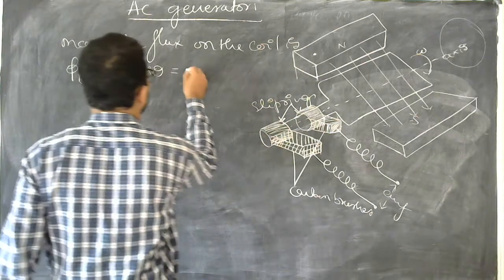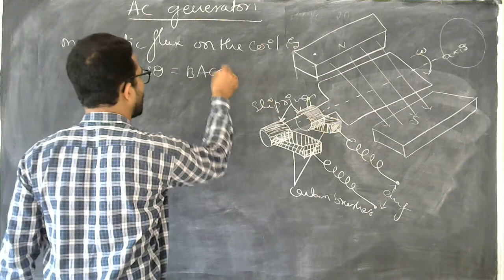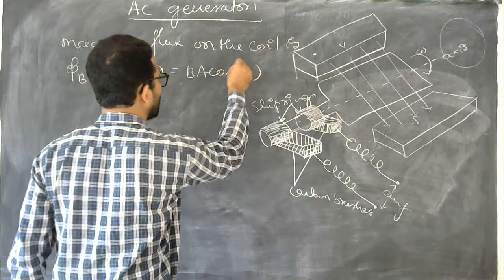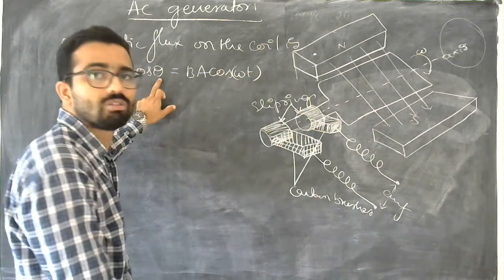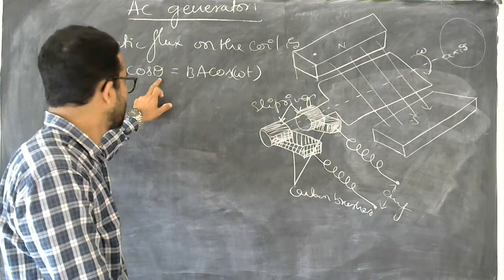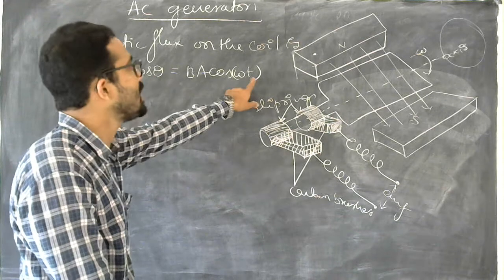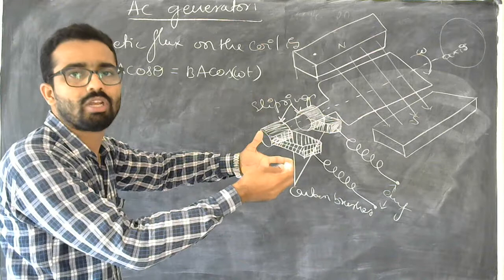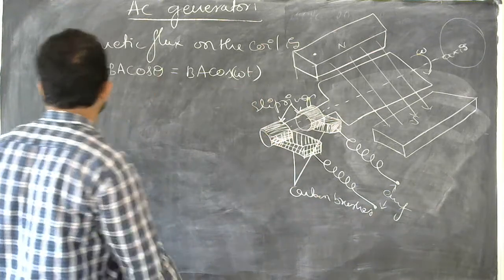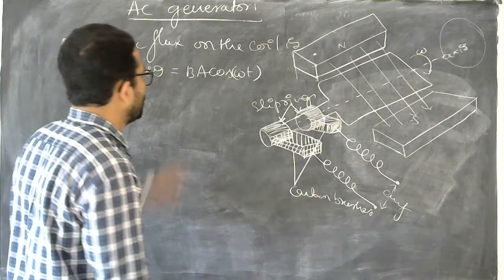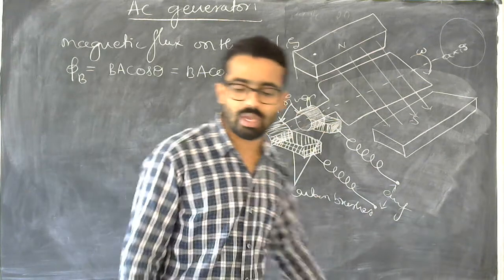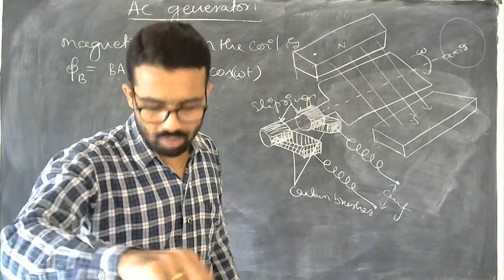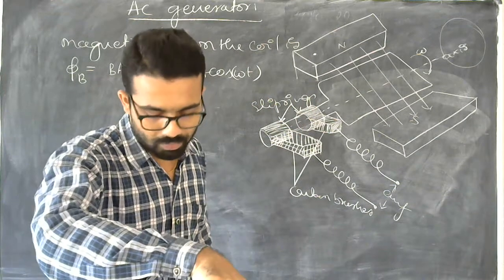You can write this as BA cos omega t. What is omega t? It is equal to theta. Theta means angular displacement at any time t. T can be any value, any time. You can put any value at the time. So phi B is equal to BA cos theta, that is equal to BA cos omega t. So this is what you got here.